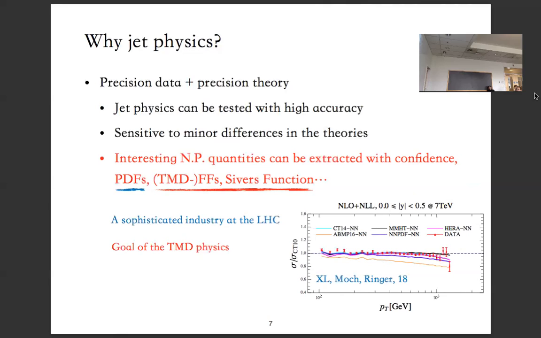Here is the inclusive jet data, and all those colored curves are predictions using different PDFs. You can see the jet data does help to constrain the PDFs further. We can also do that, in principle, for the fragmentation functions and the Sivers functions, and those are actually the interesting parts for the TMD community.